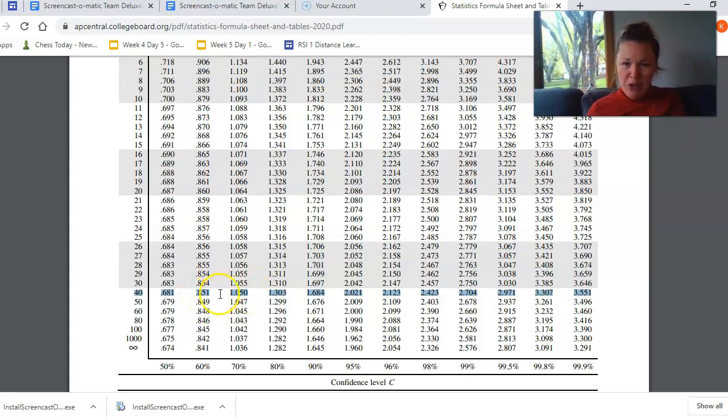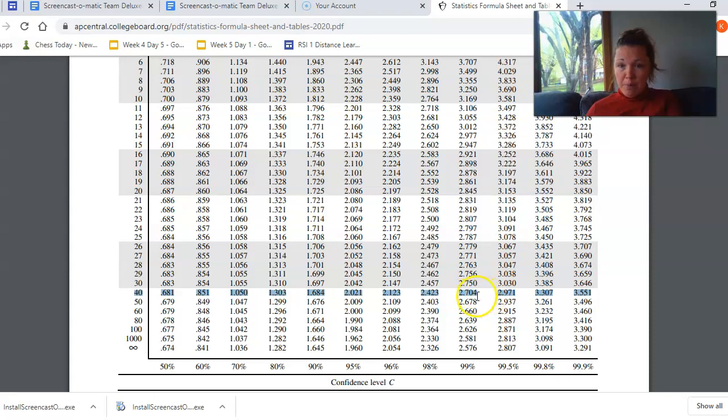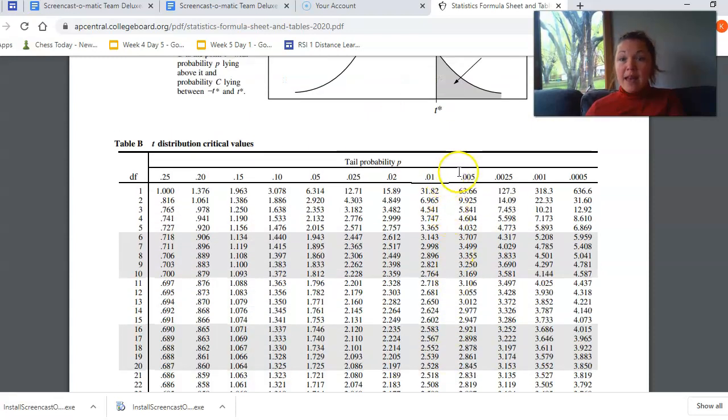It's got to fit right in the middle. So 2.5 obviously doesn't fit right there. So I keep scrolling across to see where does 2.5 go. And 2.5 is right in between 2.423 and 2.704. Okay, so I fit right into that space. Now what do I do? I scroll up and I see that my p-value is between 0.005 and 0.01.